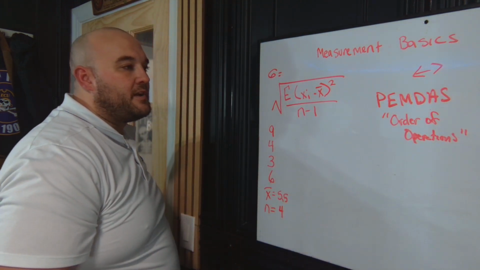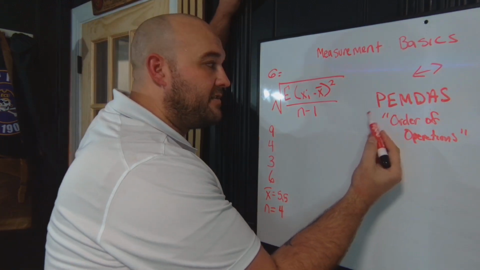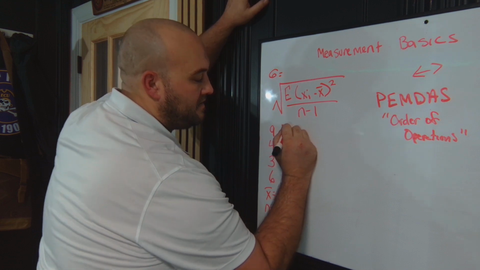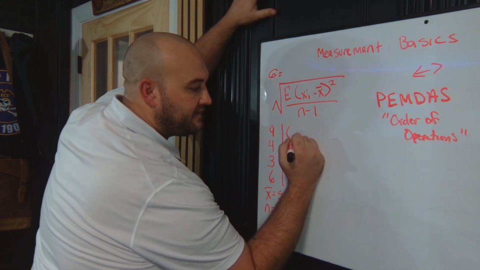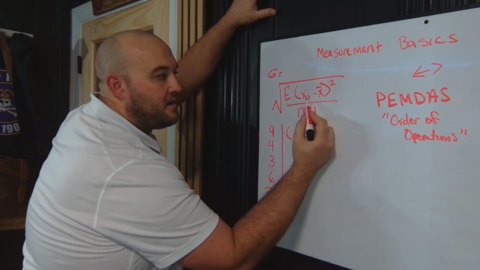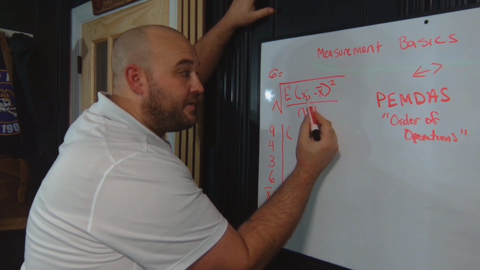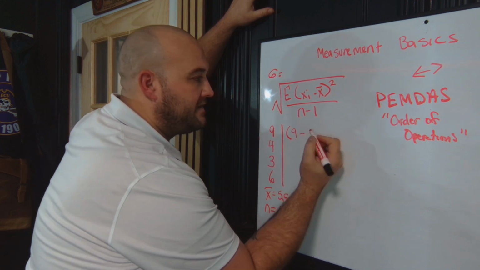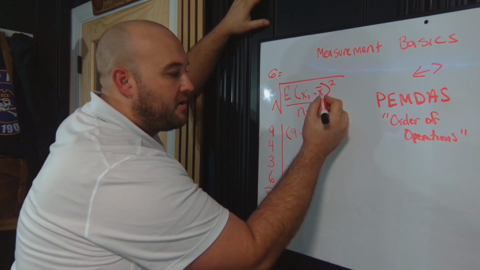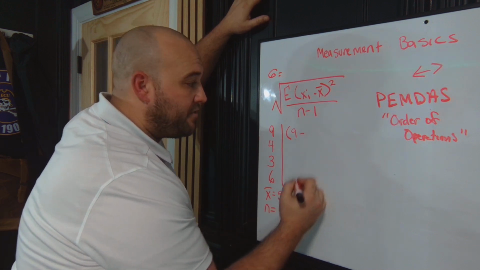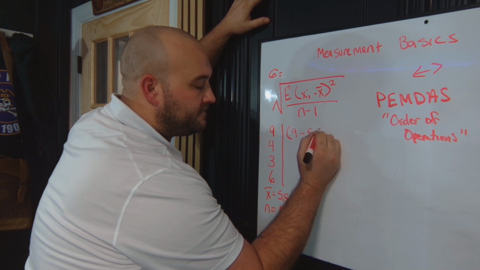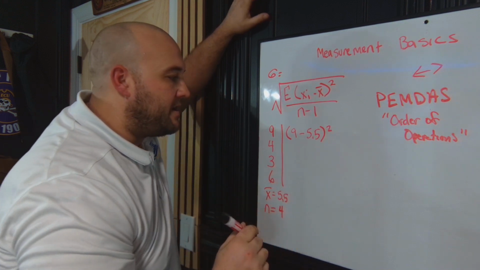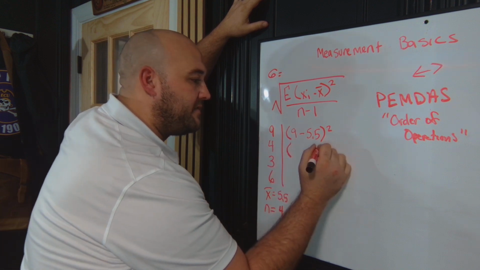In your order of operations, you start with your parentheses first. So our xi is our observed value. We have 9 here, 9 minus x bar. I know x bar is 5.5. And then I'm going to go ahead and just add the square. We're not doing it right away. We're going to go down and work on our parentheses.